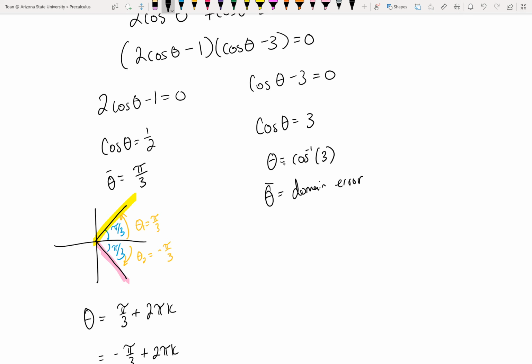Remember that in the unit circle, all of the values are capped by 1 or negative 1, at least in terms of sines and cosines. So we should know that the inverse cosine, whatever you put into here, can't be bigger than 1 or less than negative 1. So immediately I know that this guy right here gives us no solutions.